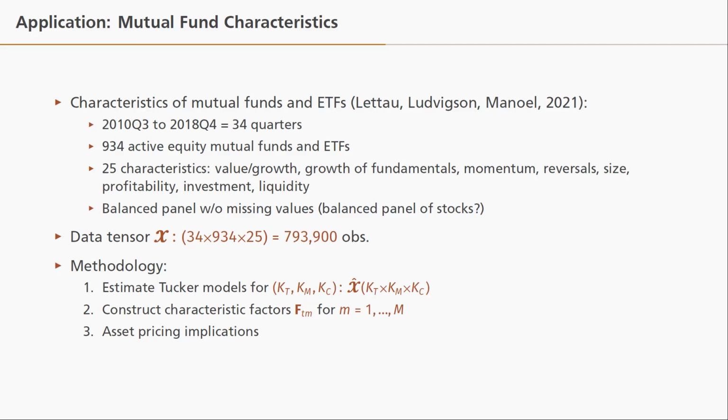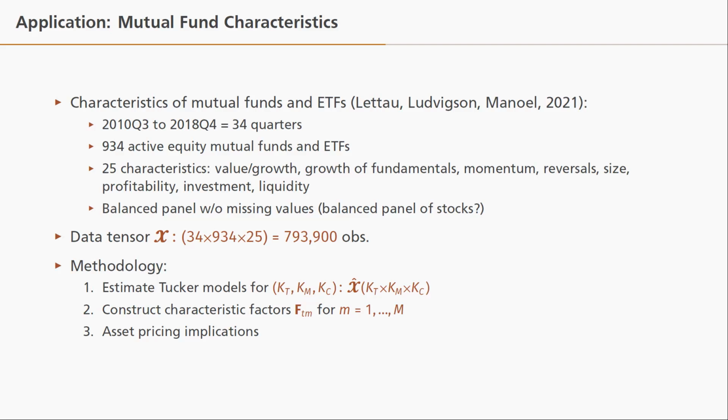But if I did the same thing with stocks, I would end up with a much smaller cross section of stocks. So I'm working on an extension for how to deal with this for stocks. So my data tensor is 34 time observations, 934 individual funds, and 25 characteristics, so it's roughly 800,000 observations.